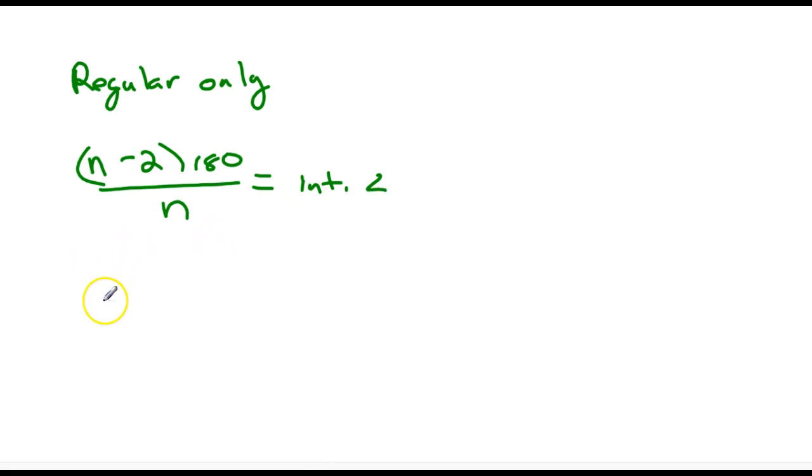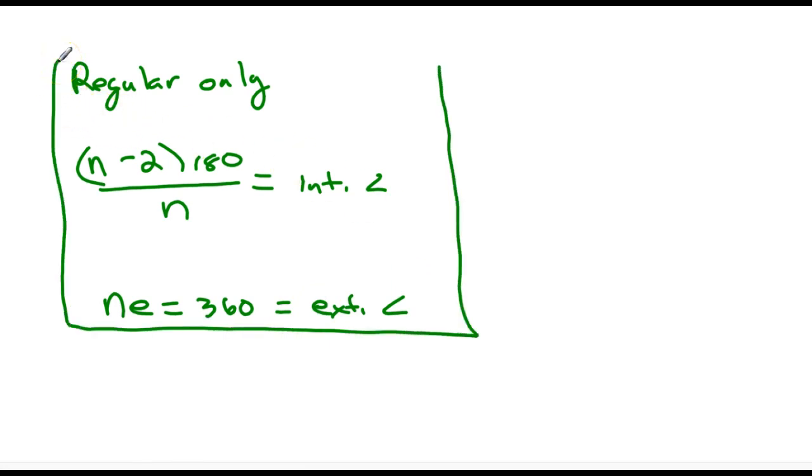And then you can use NE equals 360 to find the exterior angle. That's for regular figures only. That means all the sides have to be the same, all the angles have to be the same.